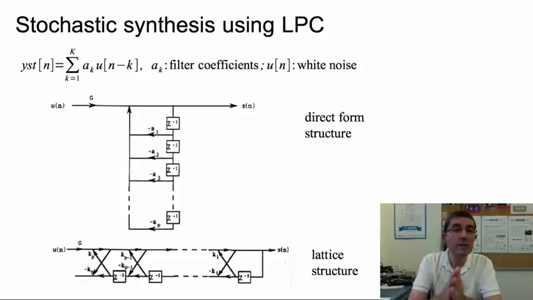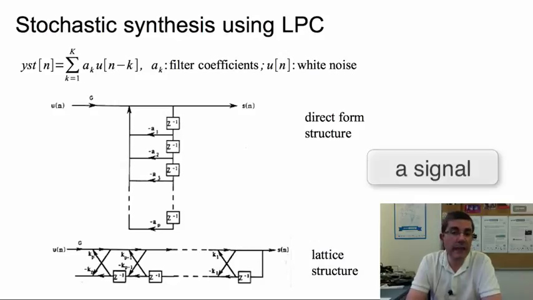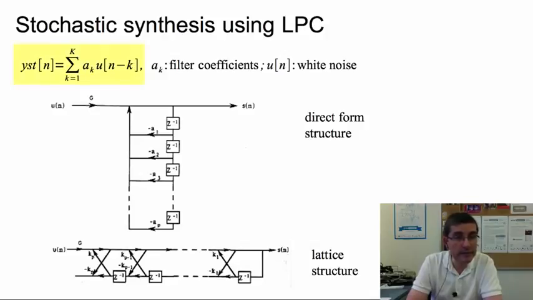So now let's talk about the synthesis part of the stochastic model. If we approximate a sound using LPC or any other type of filter design approach, we can synthesize a signal from the obtained filter coefficients by filtering white noise. This equation that we have already seen is the implementation of an IIR filter, in which we are filtering white noise, the signal U, with a series of coefficients A sub k that are the coefficients of the filter.